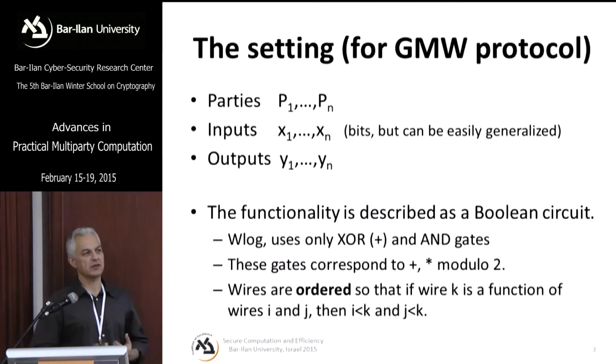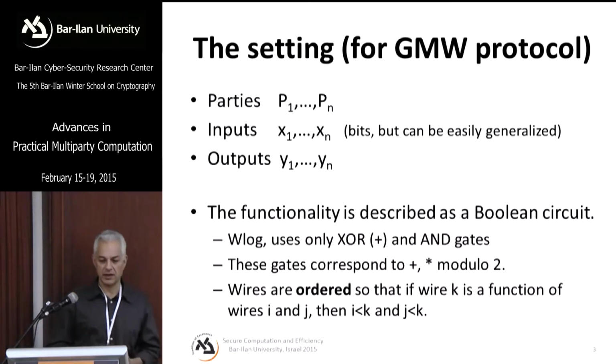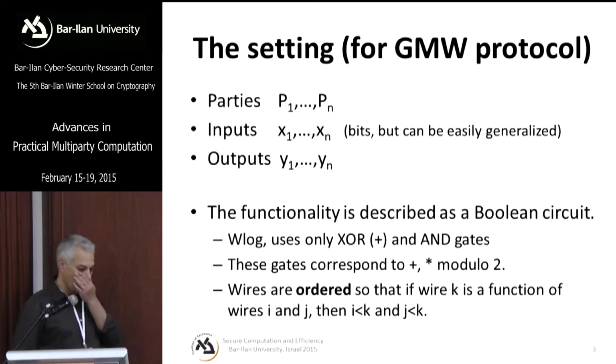Now, whatever function they want to compute, we'll first express that function as a Boolean circuit, as we discussed before. And suppose that the circuit is implemented using only XOR and AND gates. So the only gates we're going to use essentially implement addition and multiplication modulo 2.